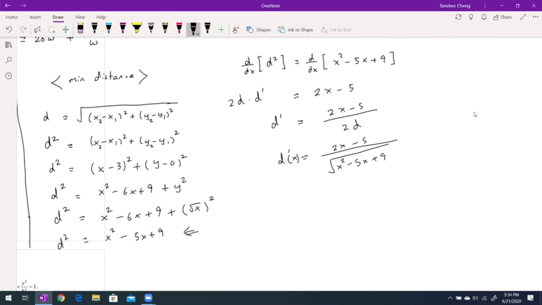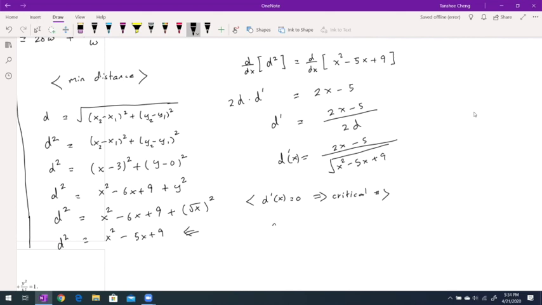And what we want is the critical number, right? The critical number is when the derivative function is equal to 0. That will also tell us where in the x coordinates we get the closest distance on the curve.